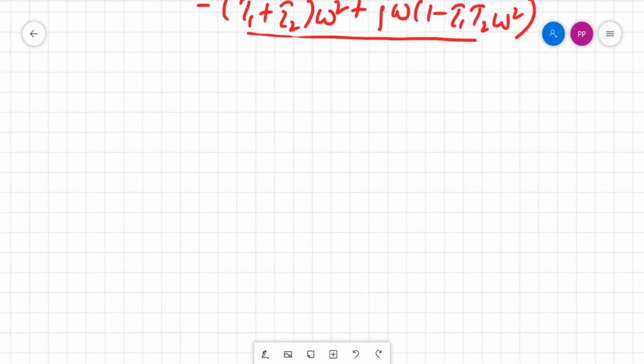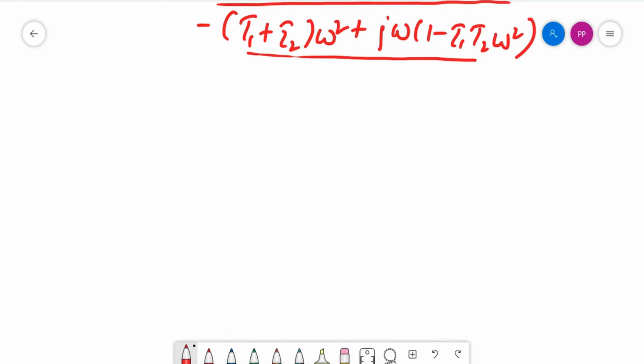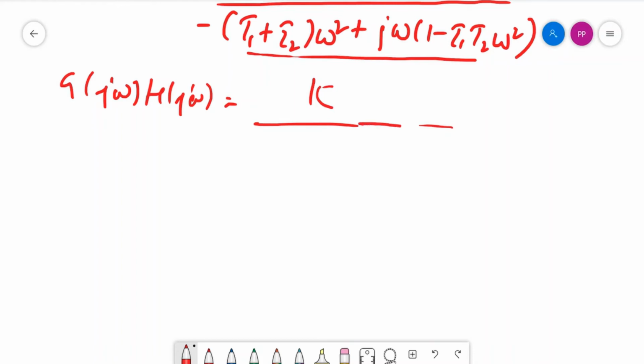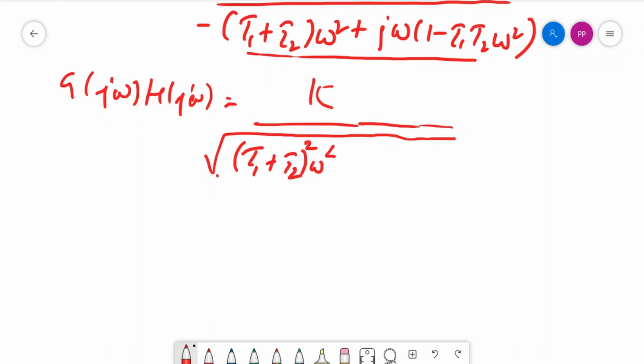See, this term can be written as G at j omega, H at j omega equal to K divided by, with the phase already determined, the denominator being the square root of: omega times (tau 1 plus tau 2) multiplied by omega square, that will again be squared, so that becomes omega power 4, plus omega square, second term squared, (1 minus tau 1 tau 2 omega square) whole square, complete radical sign over it.